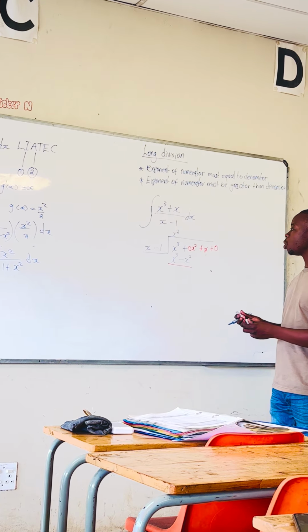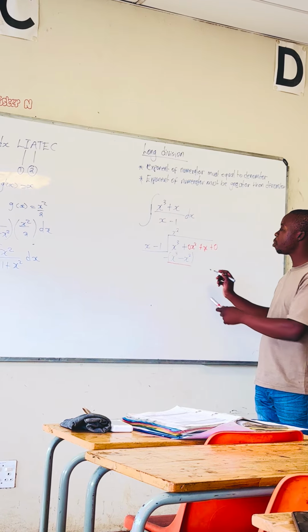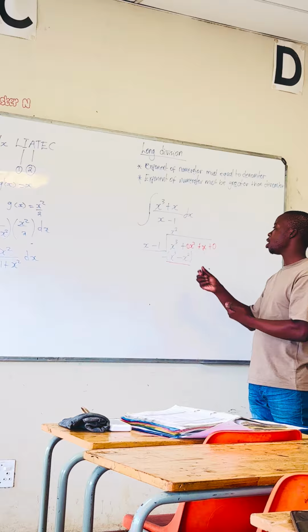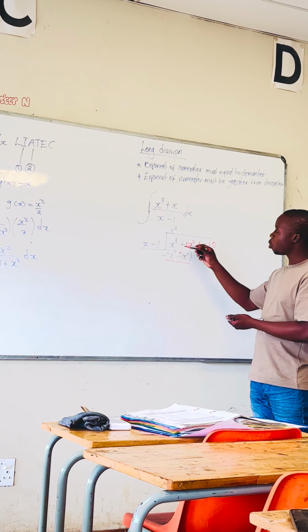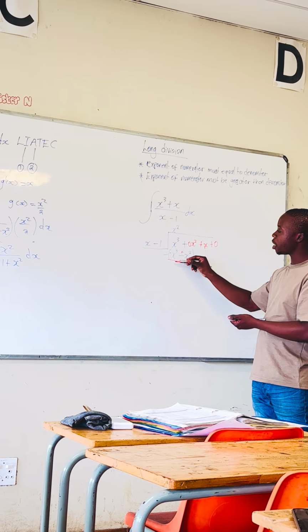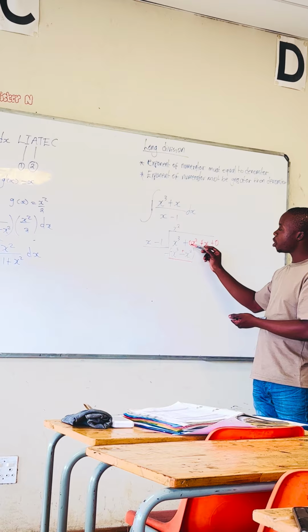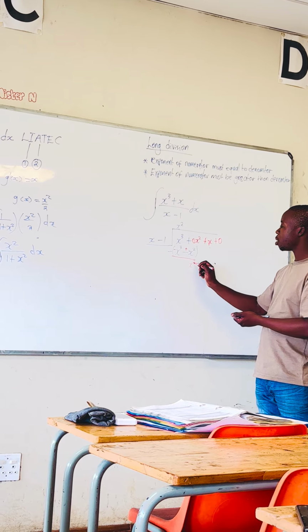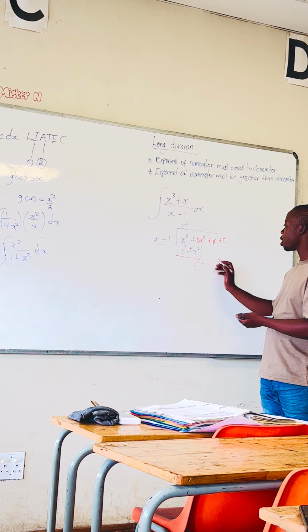We need to introduce a negative. When you introduce a negative, it simply means it changes the sign of the inner part. So this is now negative, and this one is what? Positive. So we're going to add, so this will be 0, we agree with that? So here it's 0 plus 1x squared, which is still x squared. Then you drop the remaining terms, which is x plus 0.